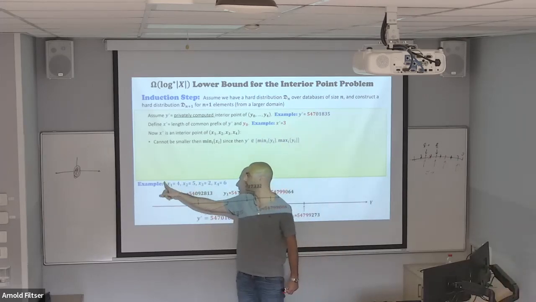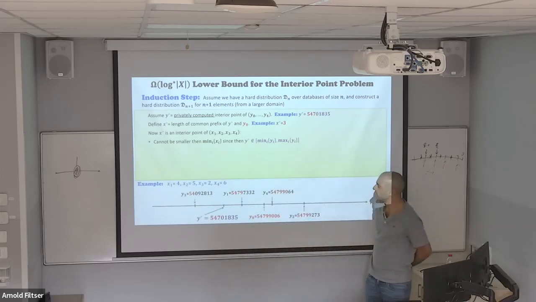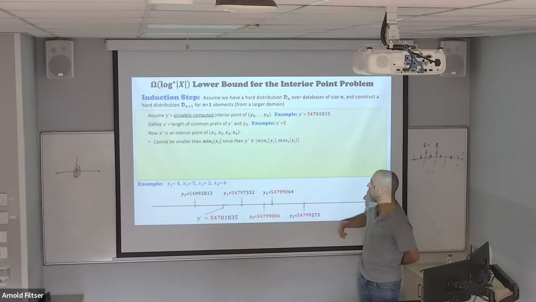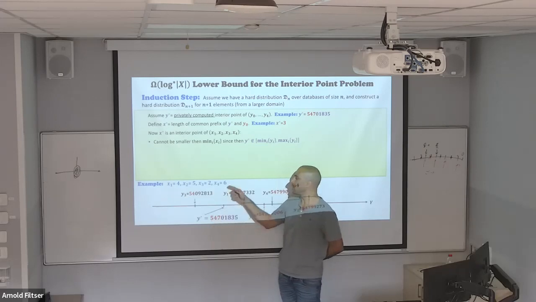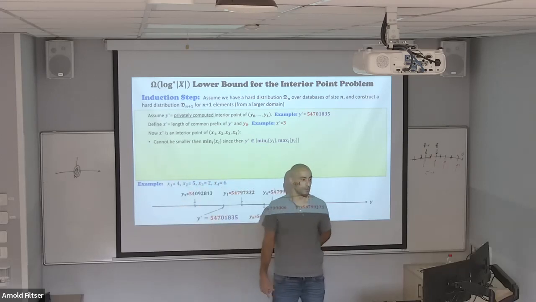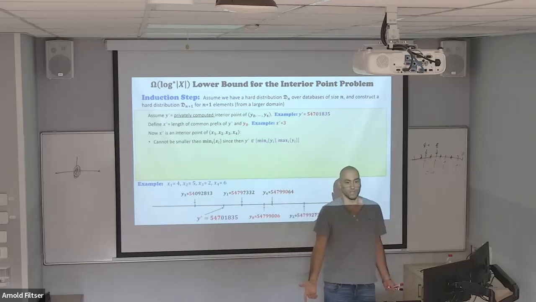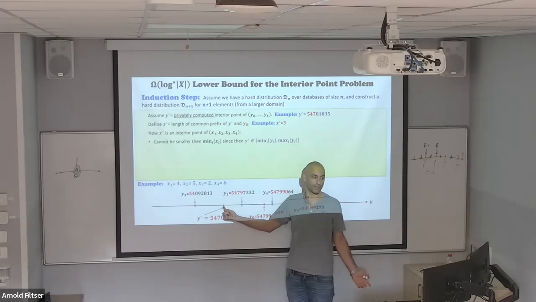Let's call the length of the longest common prefix x star. I claim that it's an interior point of the original axis. Why is that? So first, it's easy to see that the length of the longest common prefix cannot be smaller than the smallest xi here. Because if it's smaller than the smallest xi, then that point is outside of the convex hull.